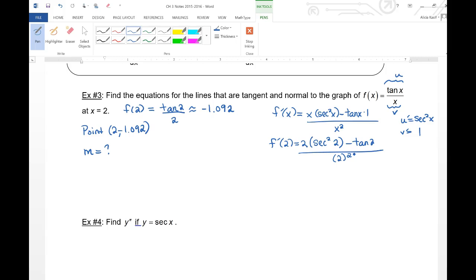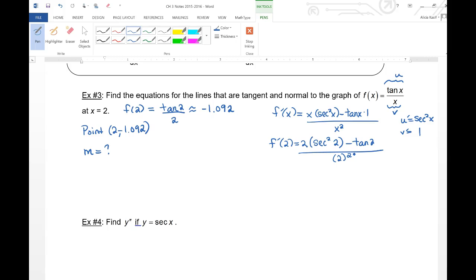Alright, we're good. Okay, when we're doing secant squared of 2, how do we plug that in? I'm sure you're fine with plugging everything else in, but when we're doing secant squared, so obviously there's no secant on our calculator. What do we do to plug that into your calculator? 1 over cosine. So we're going to do 1 over cosine of 2 and square that.